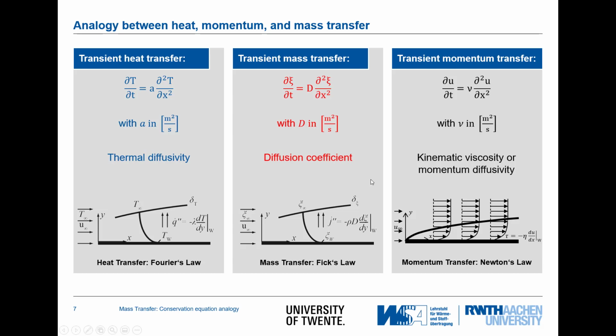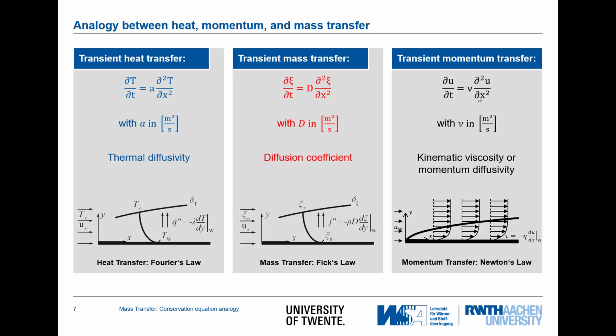Now I would like to also show you the part that is coming from fluid dynamics, the momentum transfer, and the momentum transfer in the boundary layer in the unsteady cases, that du/dt is equal to the kinematic viscosity, or also known as momentum diffusivity, times the second derivative of the velocity with respect to the spatial coordinate.